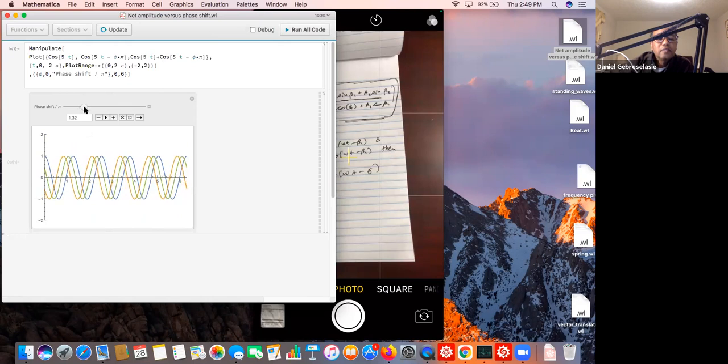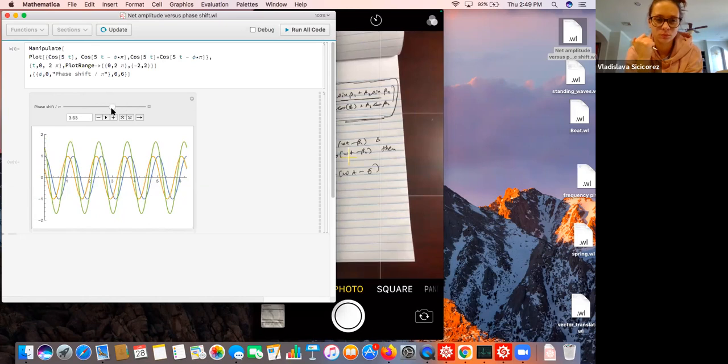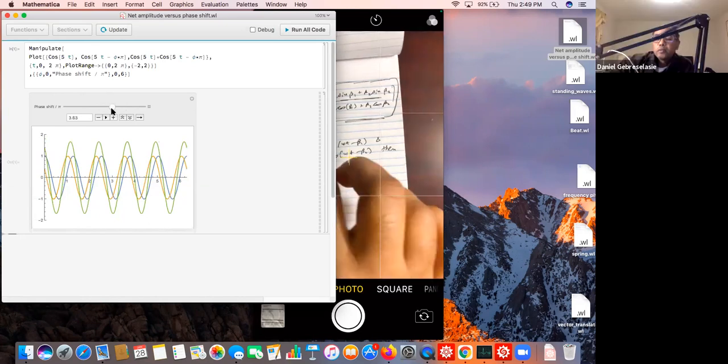If I keep going, you see, it keeps increasing. And when the two waves match, that is when their phase shift is 0 or 2 pi again, I get a maximum, okay? Do you see that? And so on. So when the phase difference is pi, they cancel each other, you get the minimum. And then when the two waves are in phase, when they match each other, you get the maximum, okay? So you see that's how the sum depends on the amplitude.